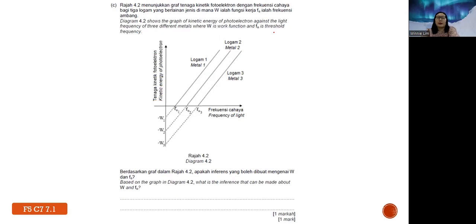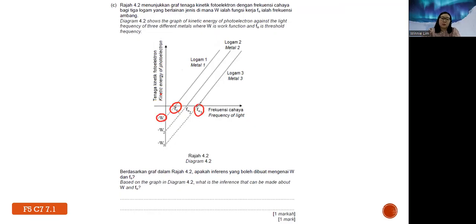Basically, the threshold frequency is the minimum frequency where the photoelectric effect can occur. The work function is the minimum work or energy required to cause a photoelectric effect. So they have a directly proportional relationship. As you can see, when your F0 is small, your work function is also smaller.